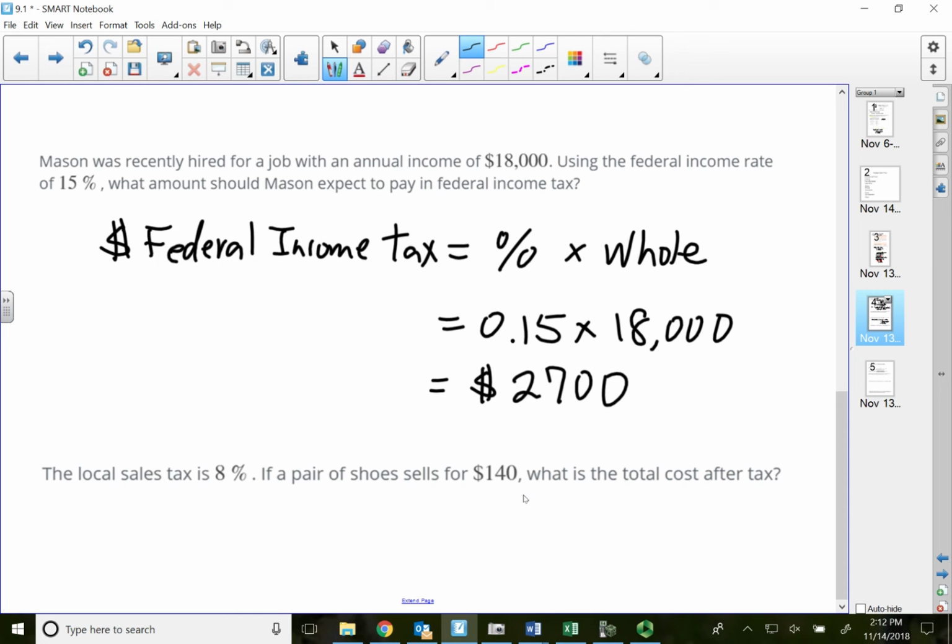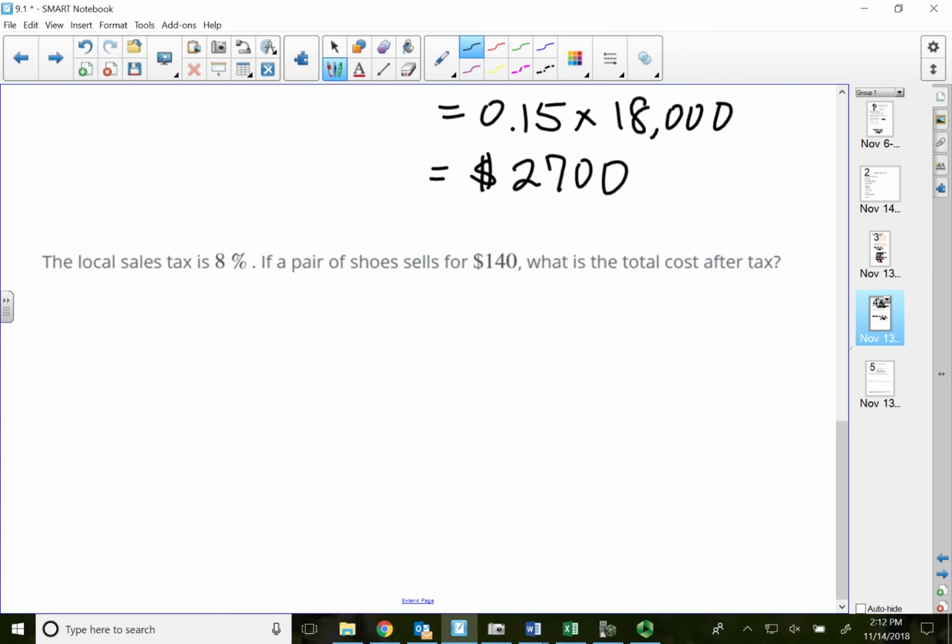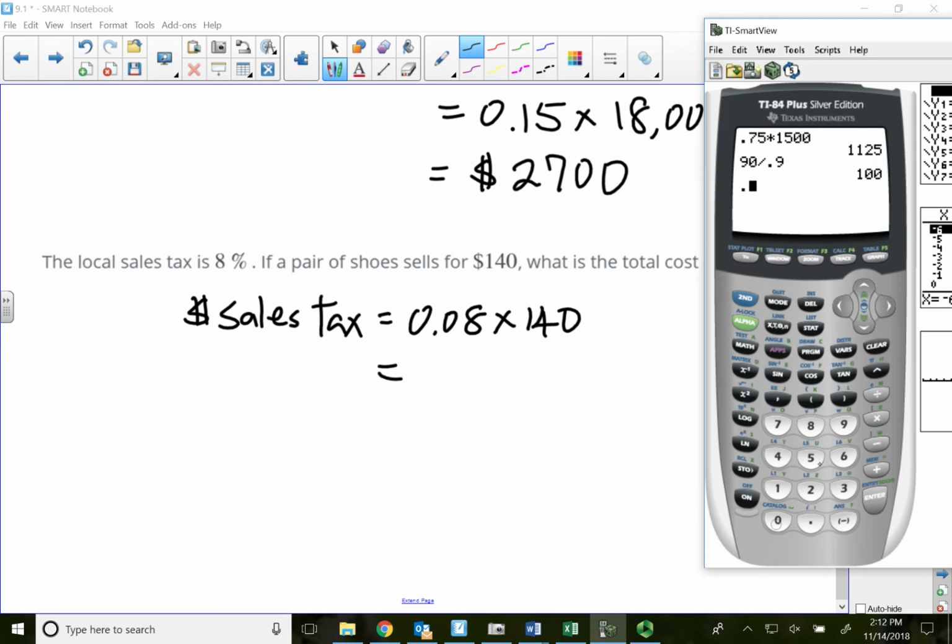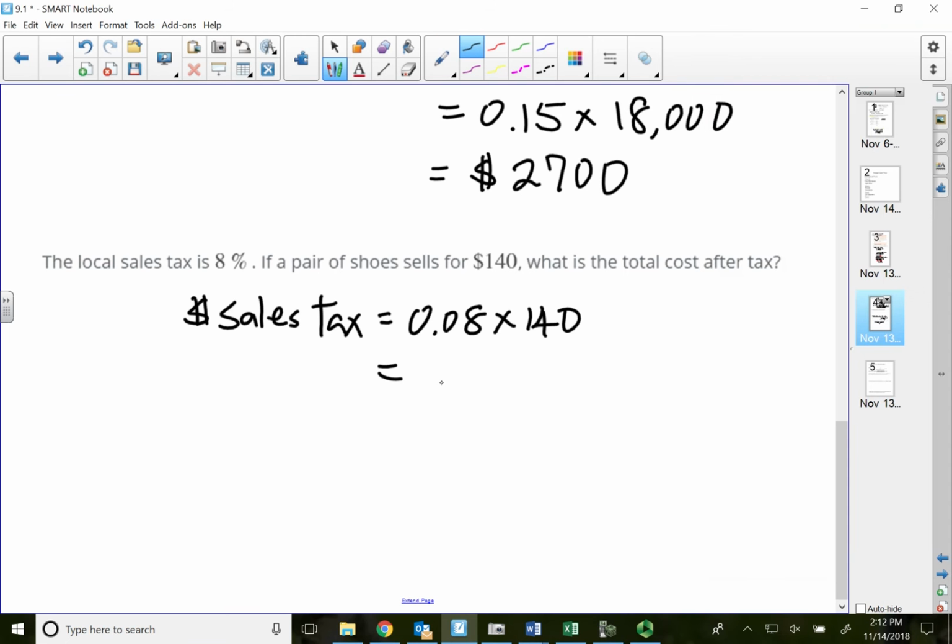All right. So normally what people do is figure out the amount of sales tax, which is 8%, 0.08 times the sale price, which is $140. 0.08 times 140 is 11.20.